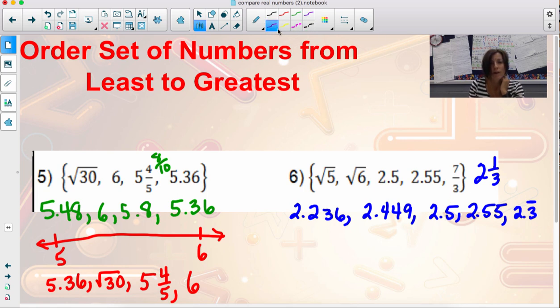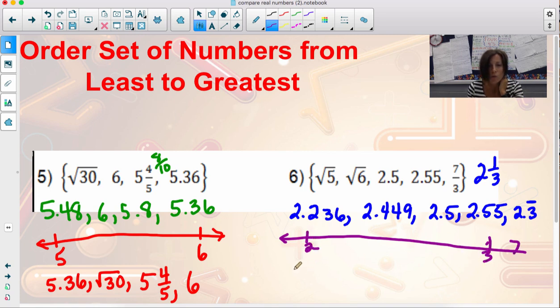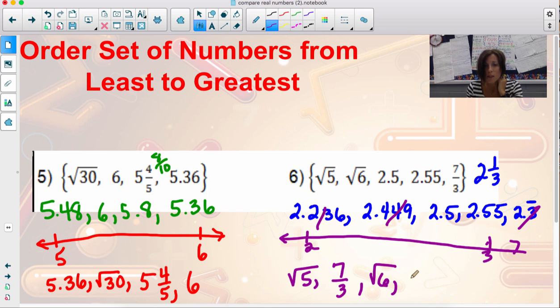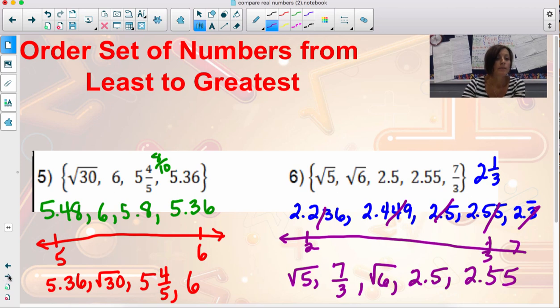So in order from least to greatest, from 2, I'm sure you love my straight lines, to 3, closest to 2 would be square root of 5, the smallest at 2.2, followed by 7/3, which is 2.3, and then it looks like square root of 6 at 2.44, then 2.5, and 2.55. Making sure that I get them all. Least to greatest is done.